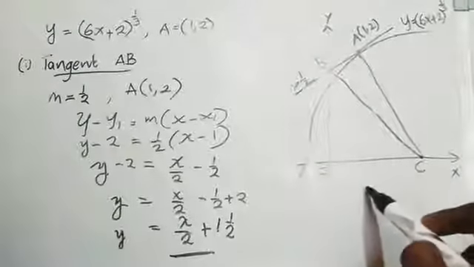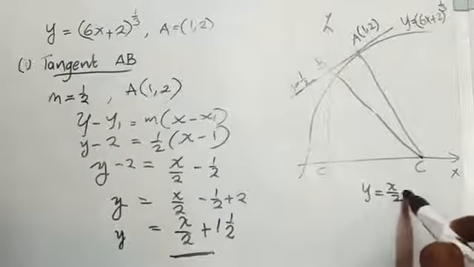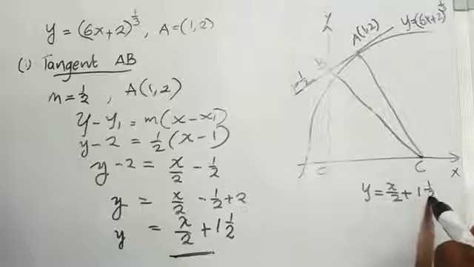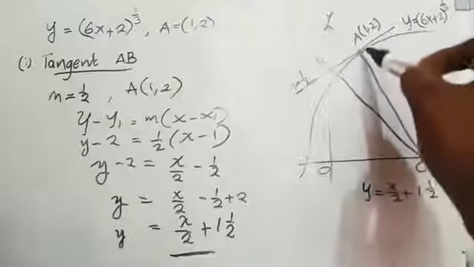So the equation of tangent is y is equal to x by 2 plus 1.5. Now we have to find the equation of the normal AC.